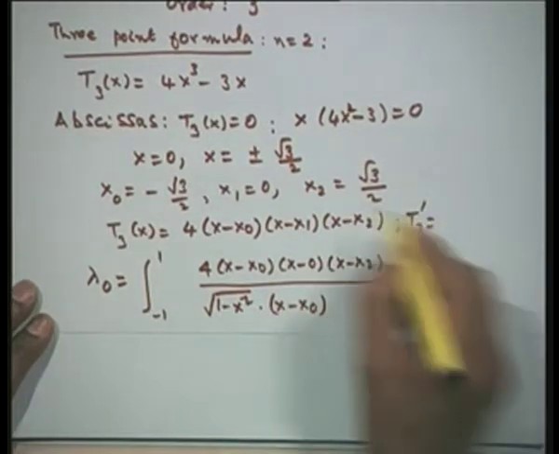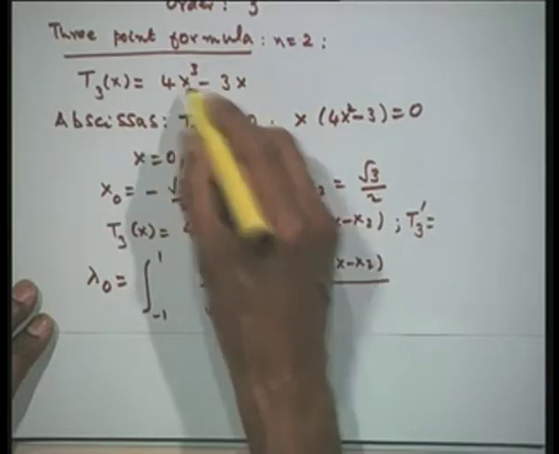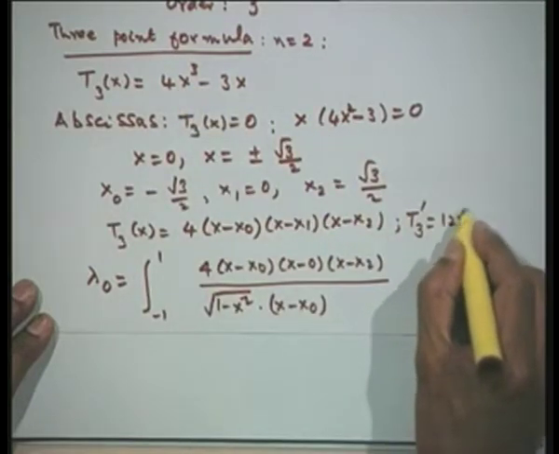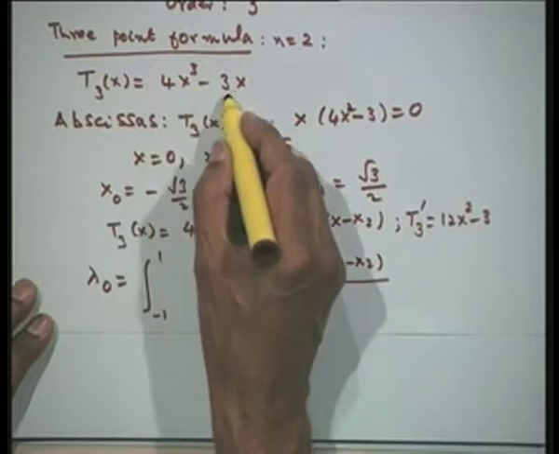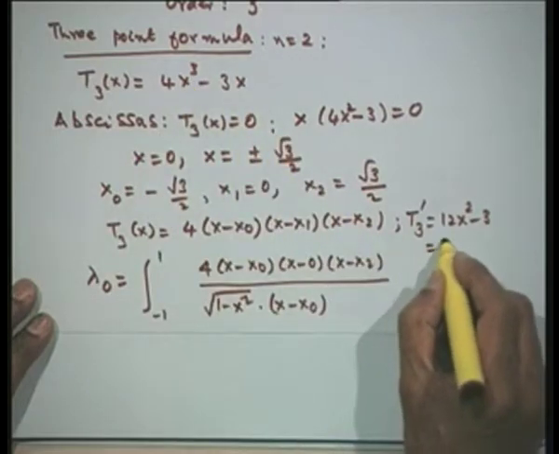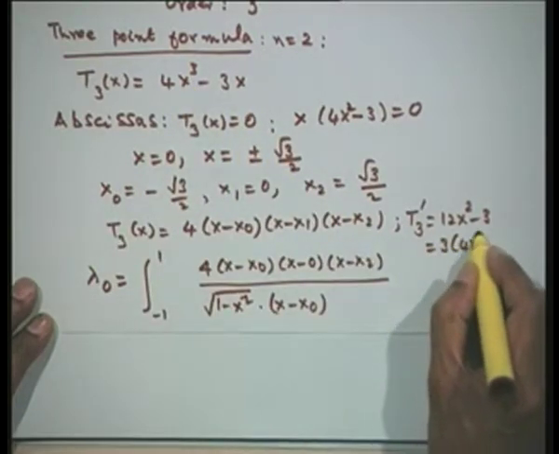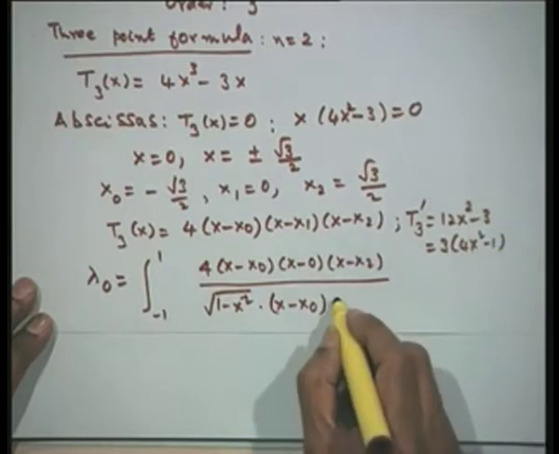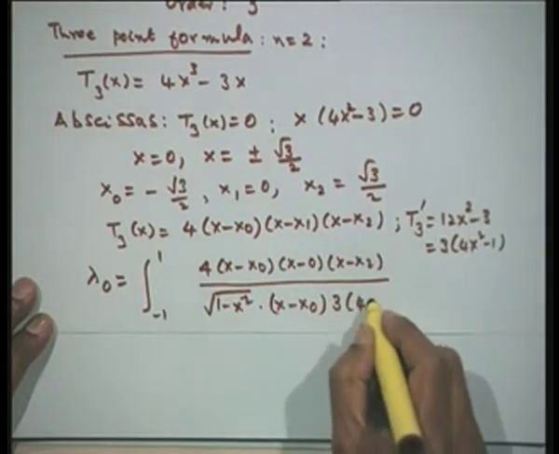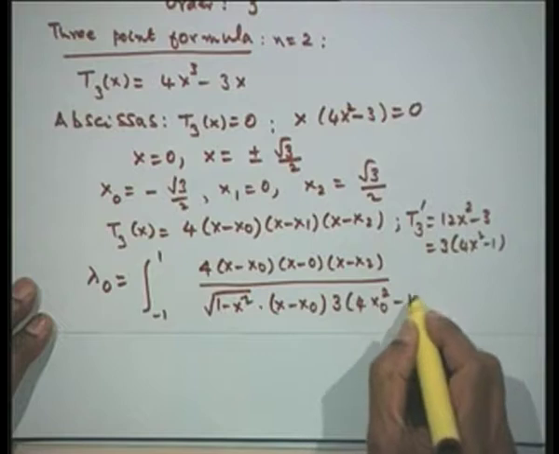So let us write down t3 dash x, that is 12 times x squared minus 3. So that I can write it as 3 into 4 x squared minus 1. So I will write this as 4 times x naught squared minus 1.